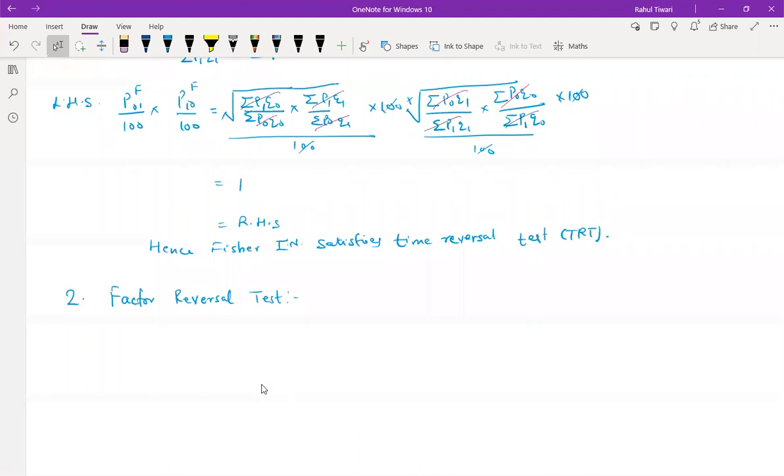That means you have a price, you have a quantity. Multiply both. If it is turning out to be your value index number, that means it satisfies FRT. It satisfies FRT. Okay, this is also known as FRT, or I will say factor reversal.